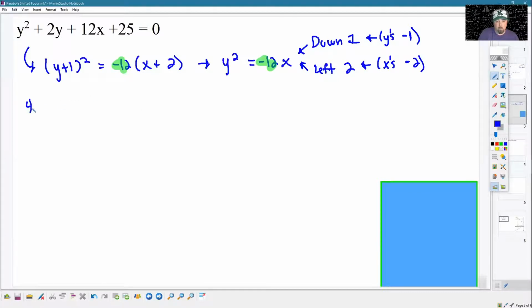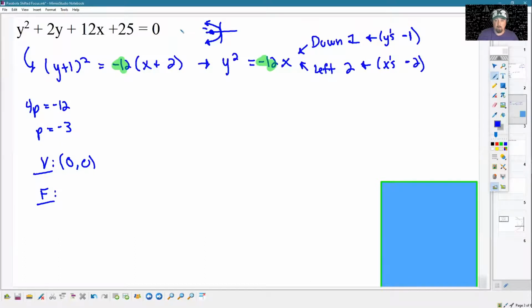So if 4p is negative 12, that means p is negative 3. Now remember, if we're working over here, our vertex always starts at 0, 0. Because this is a y squared and p was negative, this thing should open to the left, right? This way.